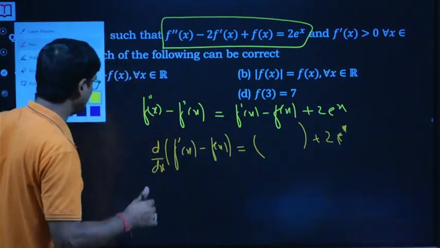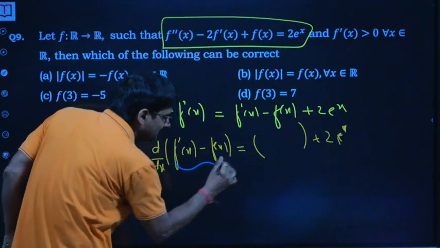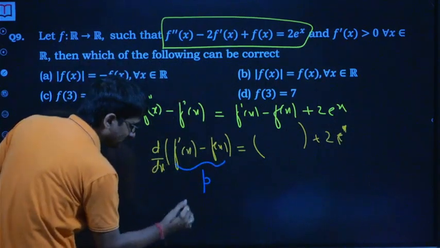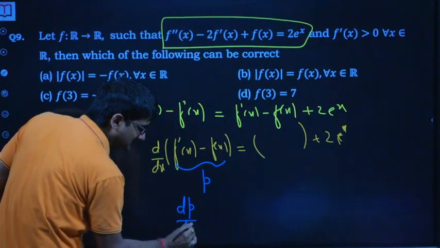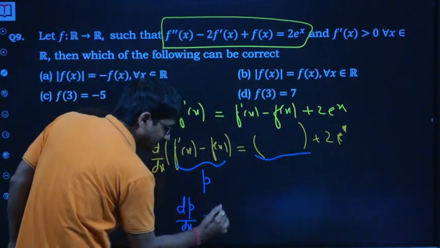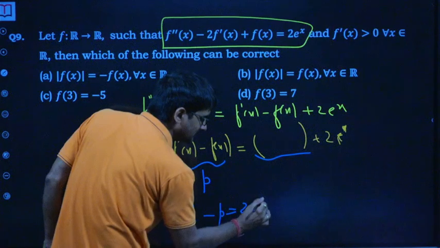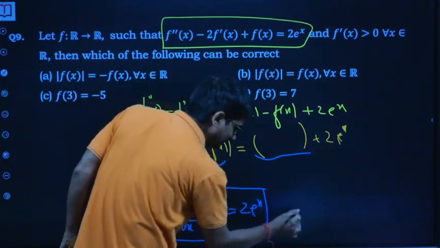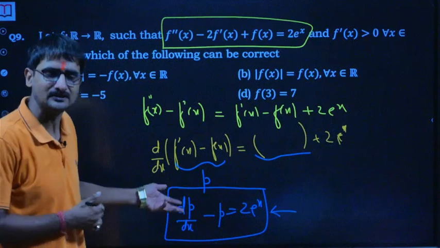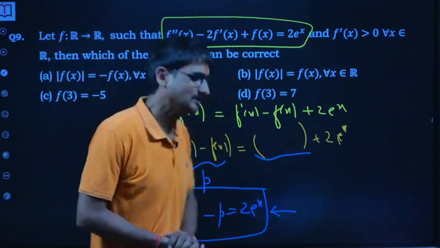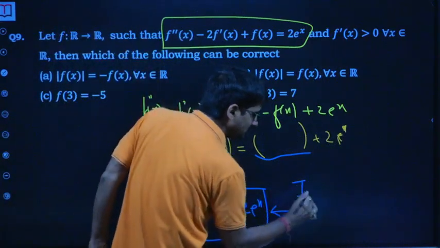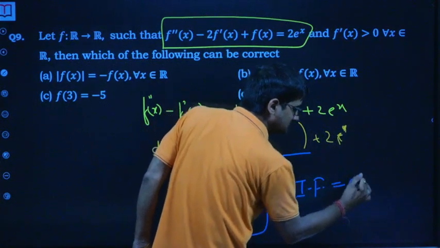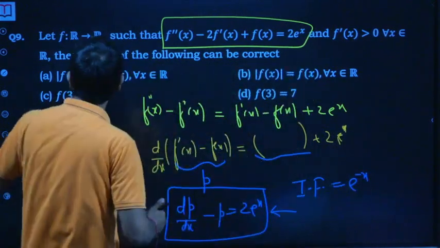I realized if I assume it as p, now see what happened. dp/dx, this is also p, minus p is equal to 2e^x, and the very moment I wrote it, I realized I can compare it with a linear differential equation. So the integrating factor here is e^(-x). Multiply both sides by the integrating factor.